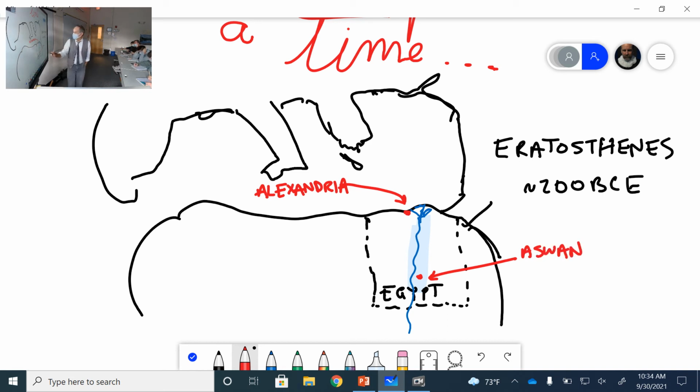But back then, it was either Syene or Cyrene, and honestly, I do not know. I have seen this written both ways. Maybe one is correct and the other is incorrect. Maybe it changed over time. I have no idea. If you see this written either one of these ways, this is what we're talking about.